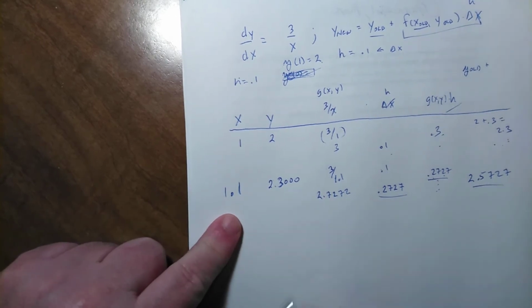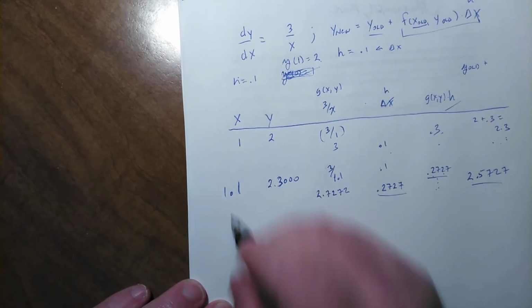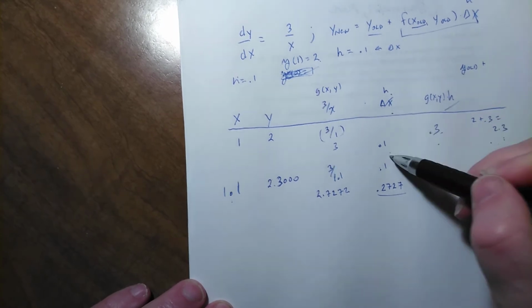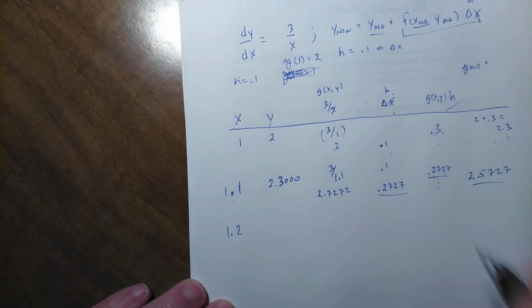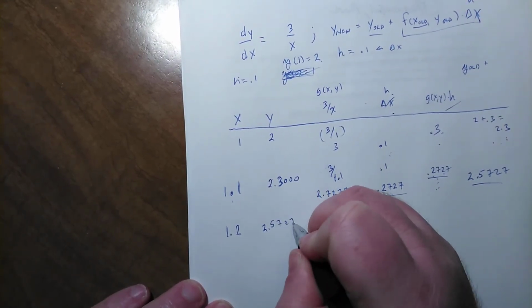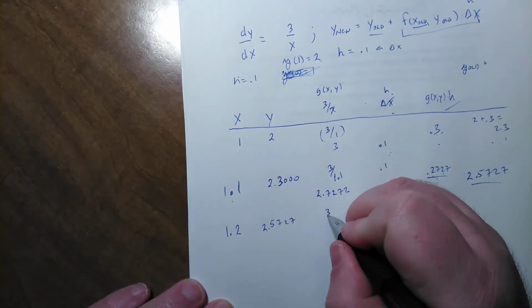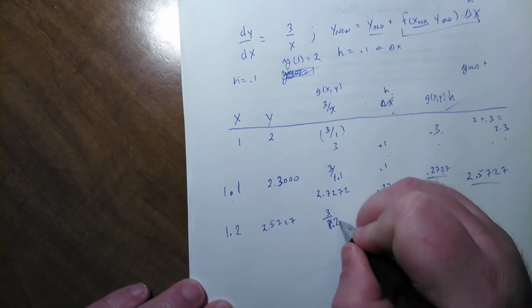So we go to repeat the process here. Okay. So we're going to go ahead and increment our x. We have 1.1. Our delta x is 0.1. So we're going to have a 1.2 here. Our new y is 2.5727. Okay, and then we're going to continue up. So we have to do this 3 over x, 3 over 1.2.